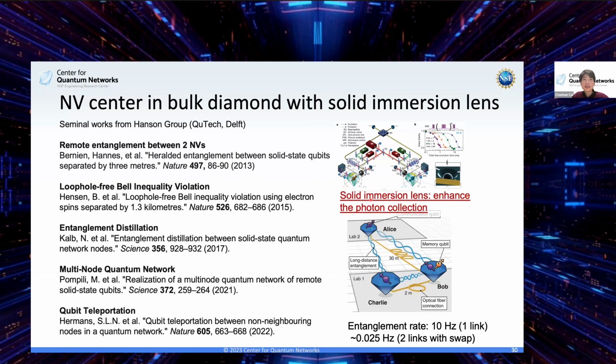Another limitation is that in the bulk diamond, similar to atoms, the light is emitted 360 degrees everywhere. The trick to collect enough photons is to put in this immersion lens, by etching down your diamond to look like a ball lens to really collect the emission into your collection optics.